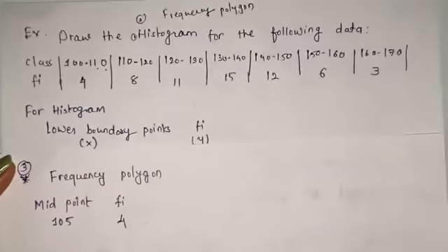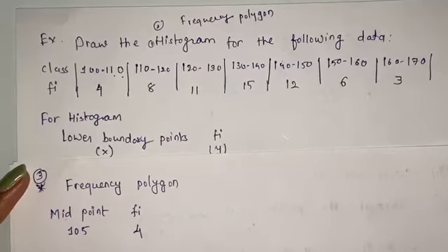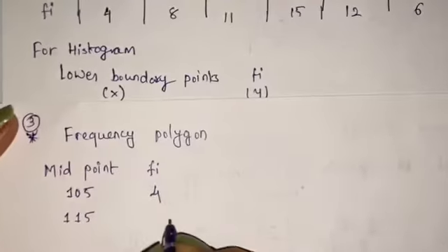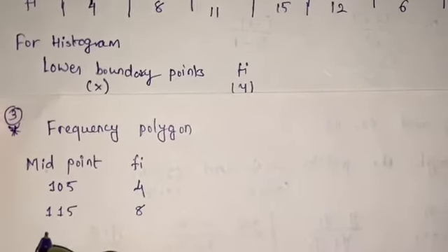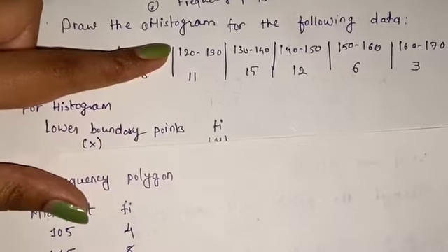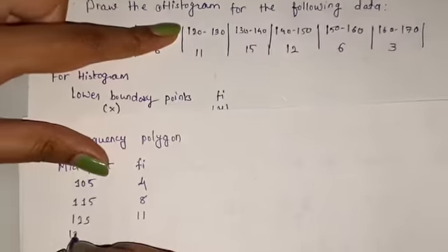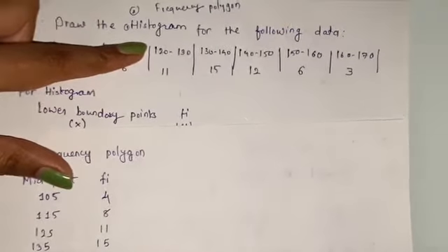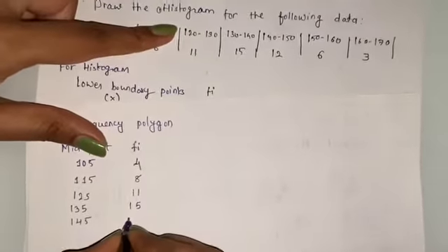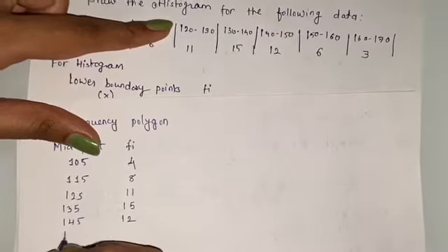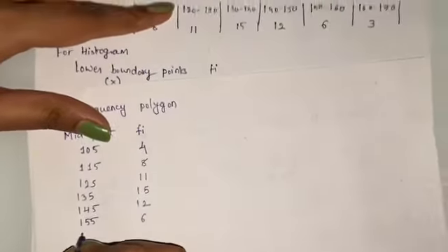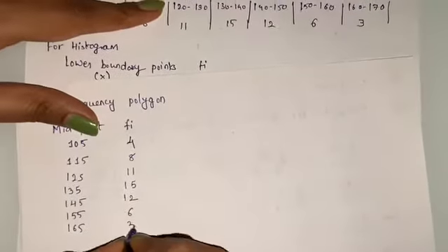Midpoint of 110 plus 120 by 2 will be 115. Frequency 8. Next for this 125, 11, 135, and it will be 15, 145 and 12, 155 and 6, and 165 and 3.